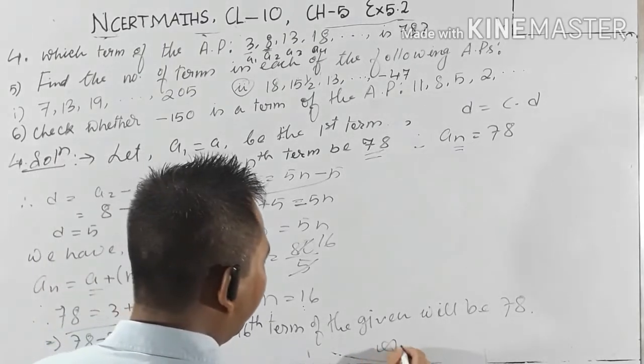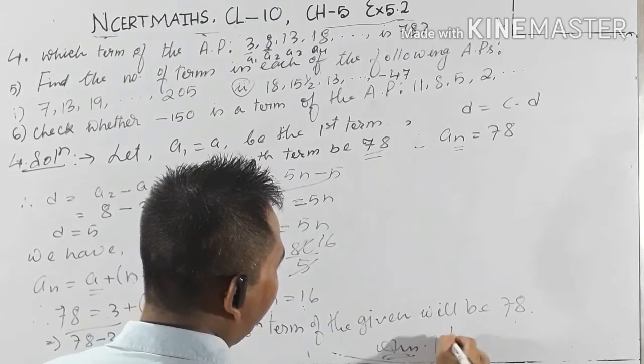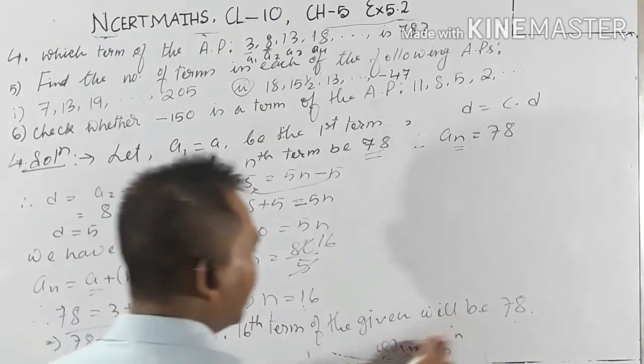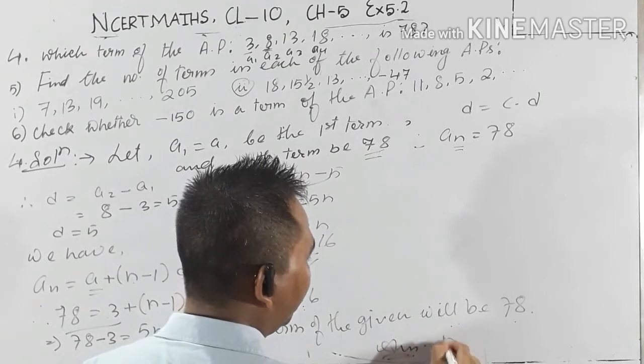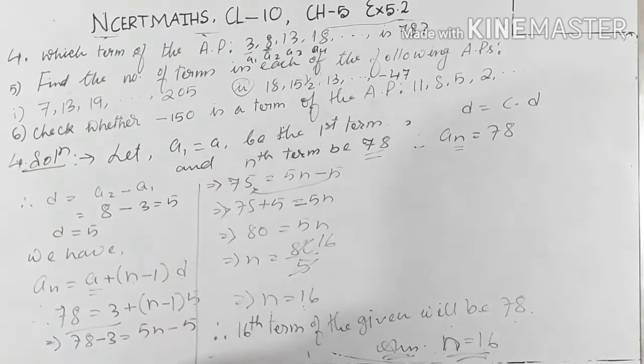So our answer is not 78 but 16. That means n equals 16, right? N equals 16. Okay, fine. Next.